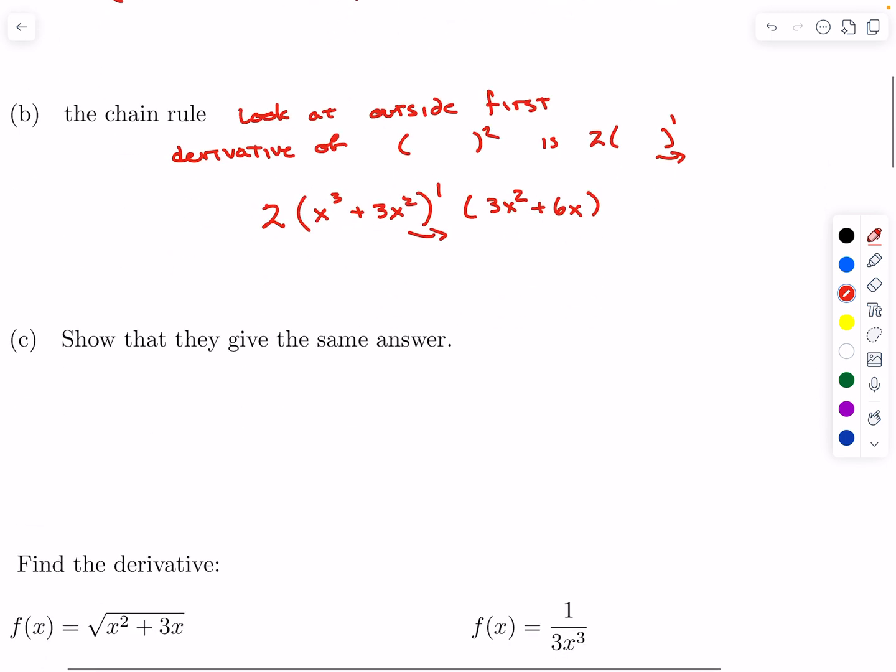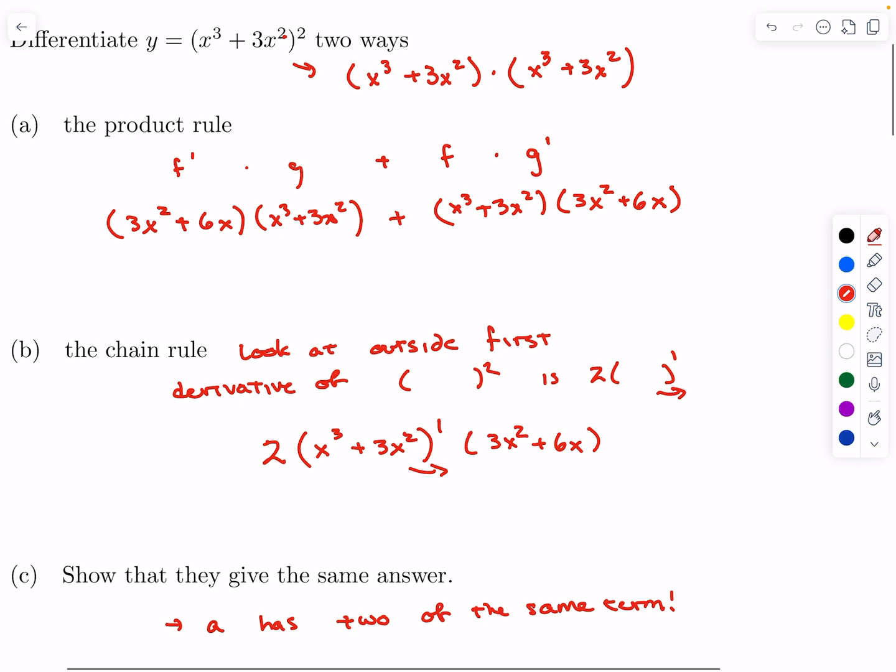Okay, so there's 2 ways to show that they have the same answer. One is to FOIL the heck out of everything, but there's an easier way. If you look at part A, we've got function times 3x squared plus 6x, and then function times 3x squared plus 6x again.